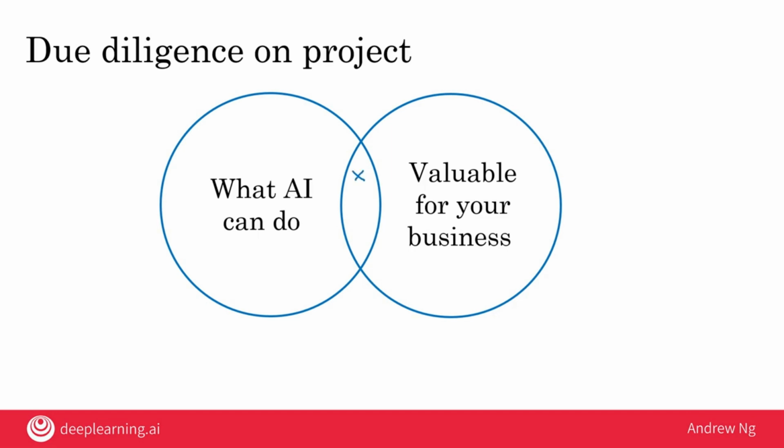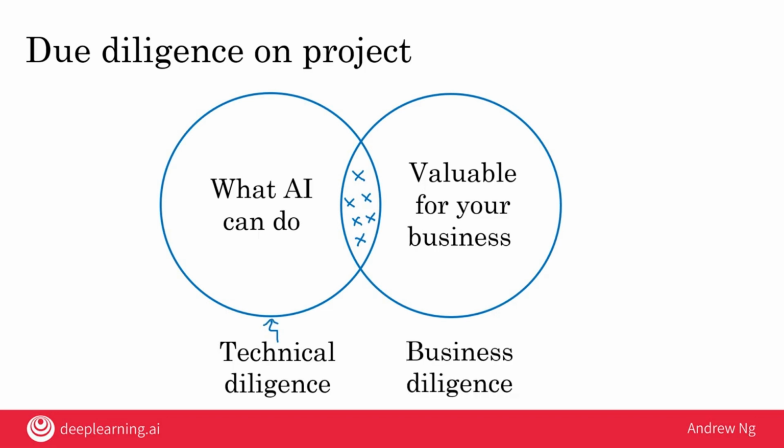We really want to choose projects that are at the intersection of these two sets. So to make sure a project is feasible, I will usually go through technical diligence. And to make sure that the project is valuable, I will usually go through a business diligence process. Let me tell you more about these two steps.